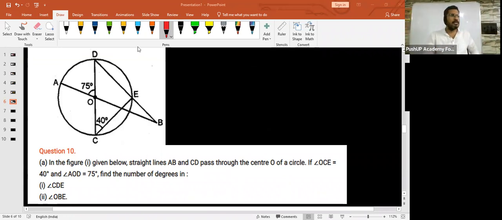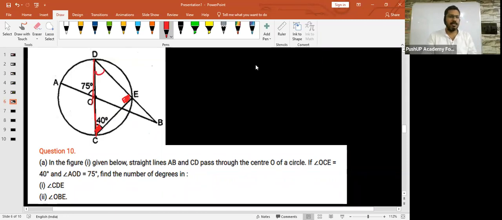So when you observe this question, what did you find? What is CD? CD is the diameter of the circle, isn't it? Yeah. Diameter subtends how much? 90 degrees. So angle CED should be how much? 90 degrees. Very easily you got that. Then angle ECD is how much? 40 degrees. That was already given to you.